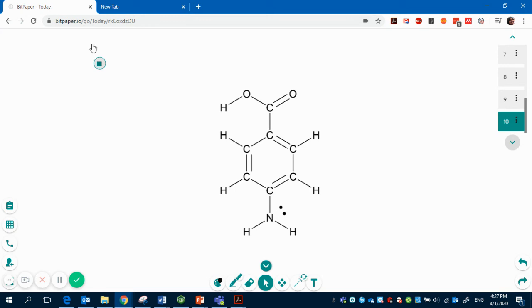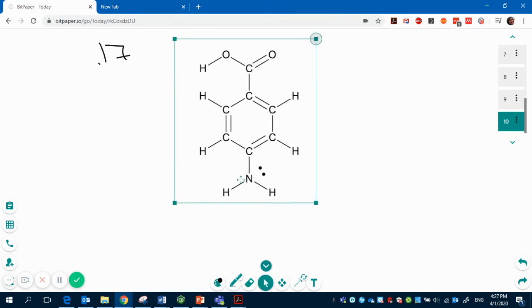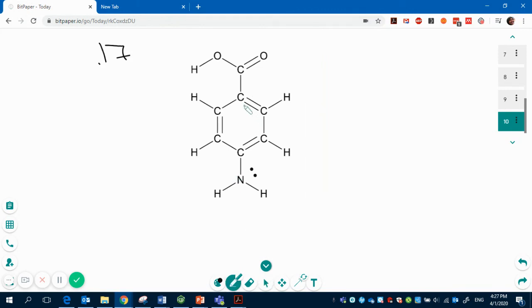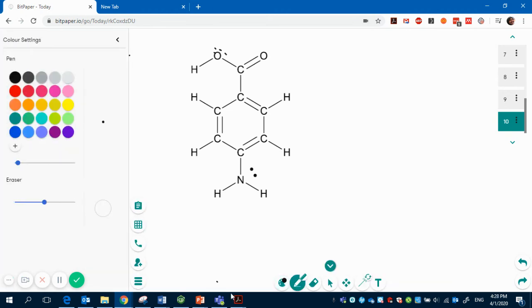Now, one of the things to realize is that there's sometimes stuff missing from pictures like this. One of the things that's missing in this case is some lone pairs, like on this oxygen atom right here.